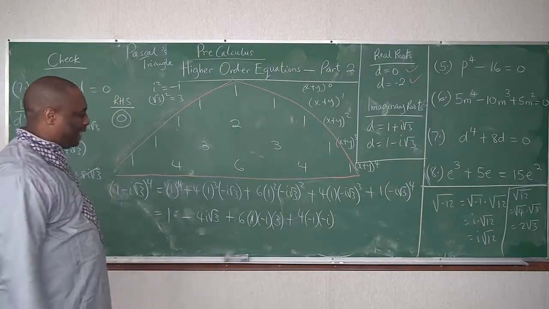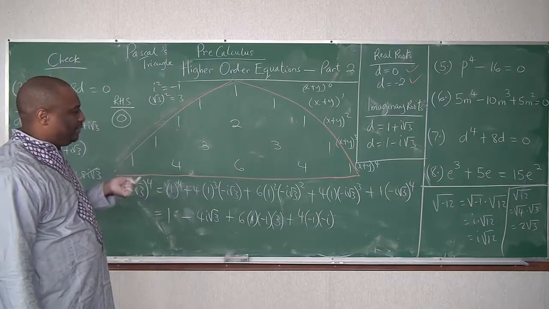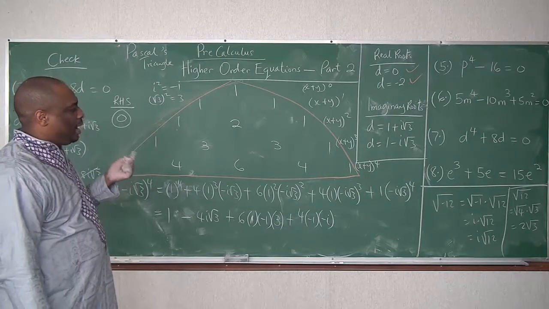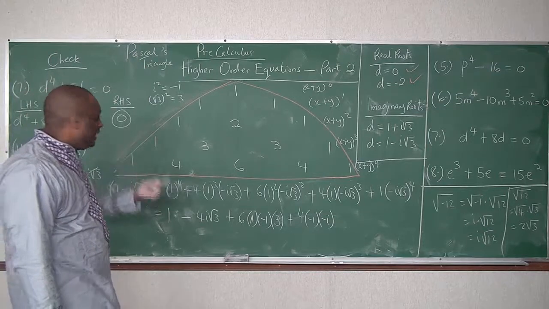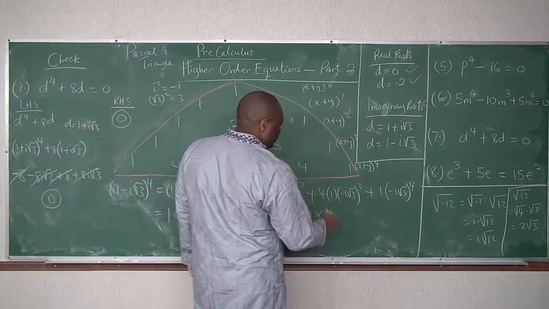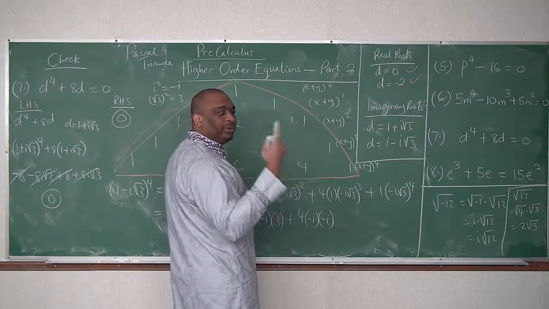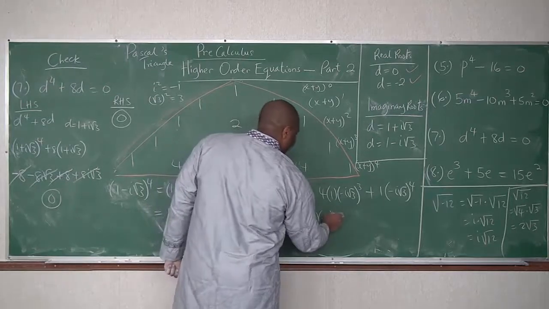i cubed is negative i. Negative 1 cubed is negative 1. And then root 3 cubed: root 3 squared is 3, so this is 3 root 3.